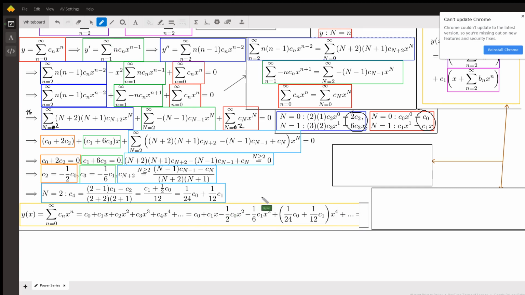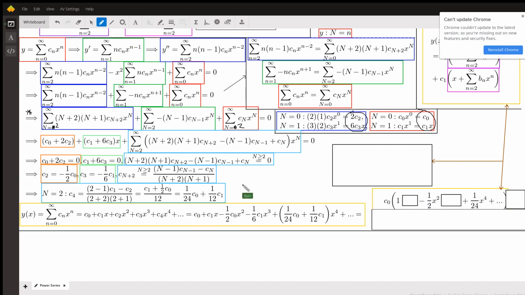We are very close to matching up this way of writing out y of x with this way of writing out y of x. We have a bunch of C0s and C1s here, but in this version, the C0s and C1s are factored out. So let's go ahead and do that. I'm going to factor out all the terms that have C0 in them over here. If I do that, I have a C0.